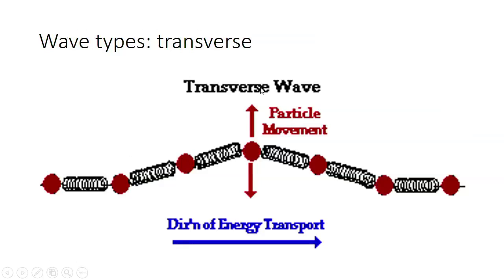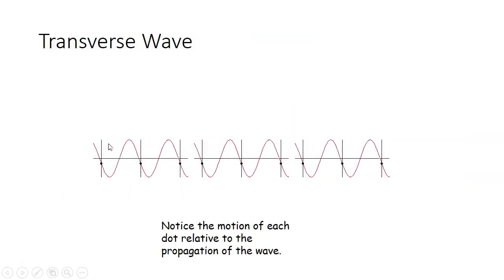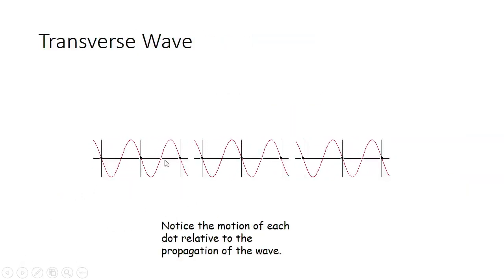And this is an example. You see, as the wave is moving along, there is a direction that is perpendicular to the wave motion, and this is the direction the energy is moving. Then this is another example of a transverse wave.